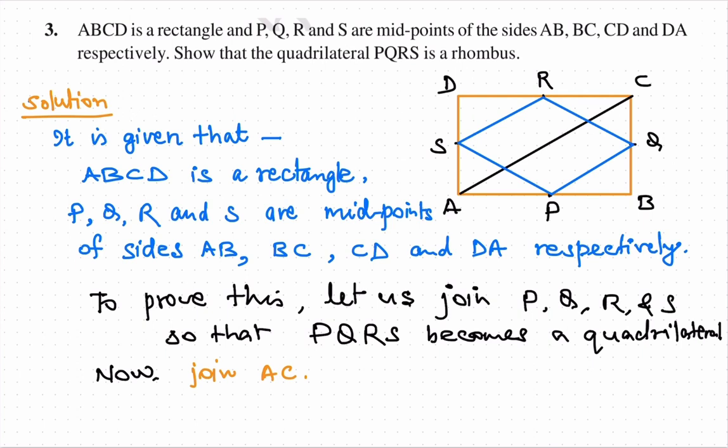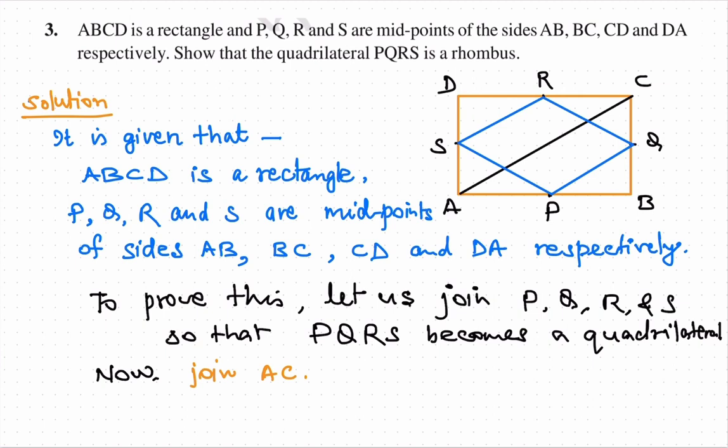So let us start. We are given that ABCD is a rectangle. This ABCD is given and that is a rectangle. And P, Q, R and S are the midpoints of sides AB, BC, CD and DA respectively. So we have to prove that PQRS is a rhombus.